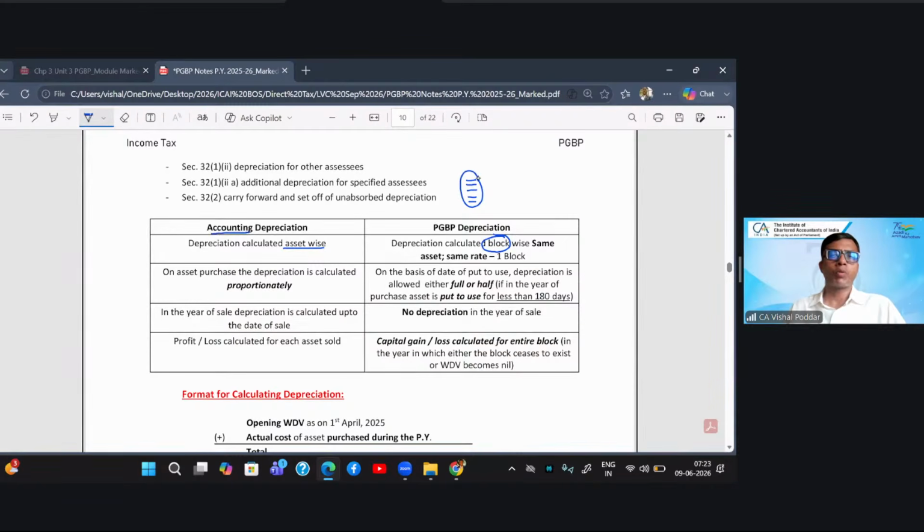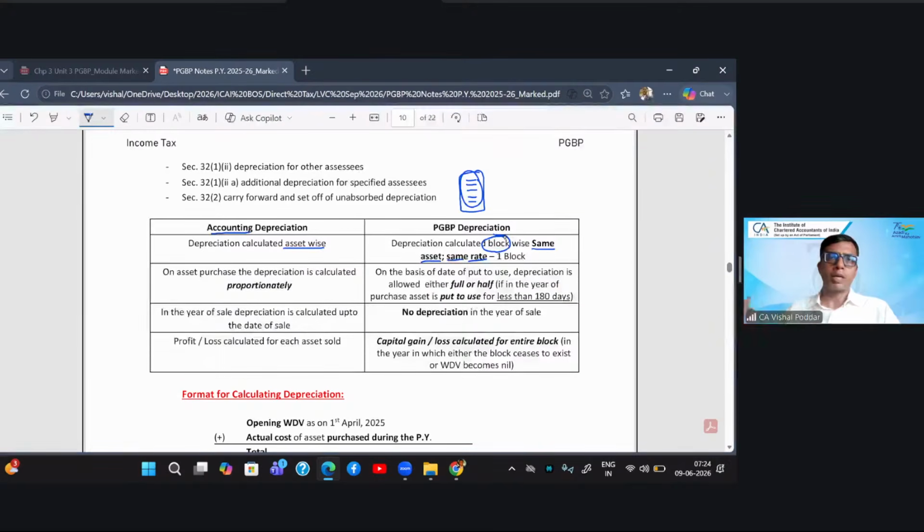Now, clubbing them on what basis? Same asset, same depreciation rate will be put together and will be treated as one block. So you can understand one block as one group. Let us say you have buildings. One is your factory building, one is your administration building, one is your godown. Then you start another plant in some other city.